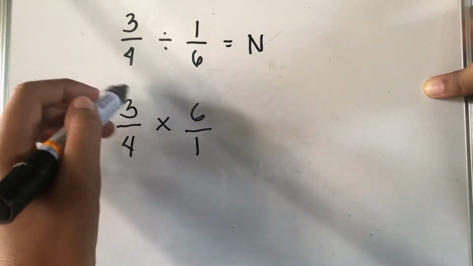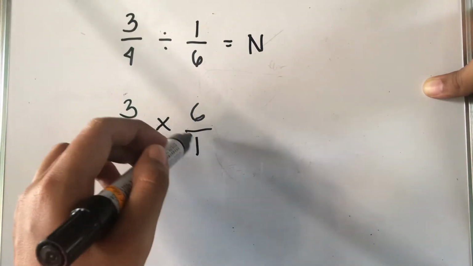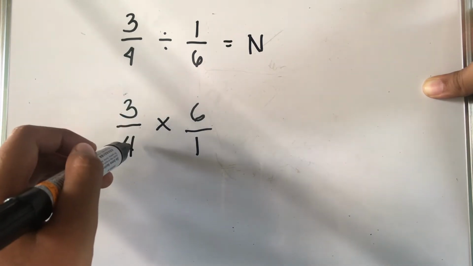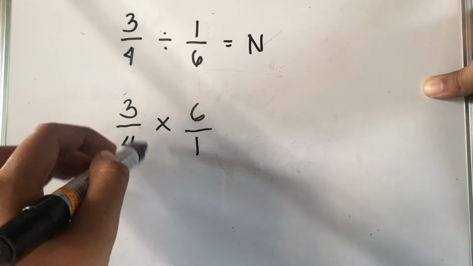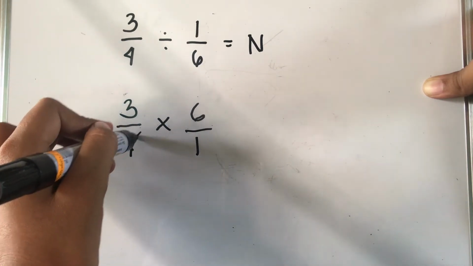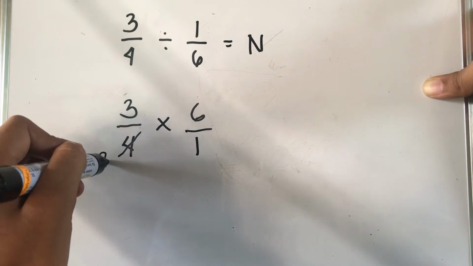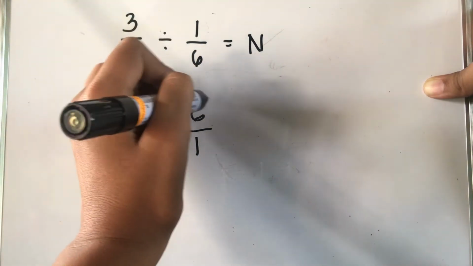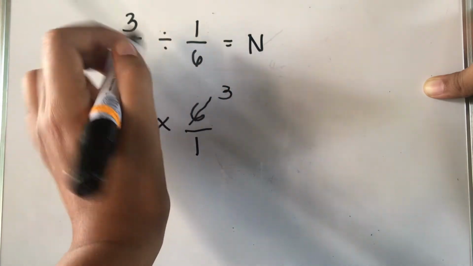Then let's try if the numbers across one another can still be in their lowest form. 3 and 1 cannot be since it is already 1. But 4 and 6 can still be. Both numbers can be divided by 2. 4 divided by 2 is 2, so let's cancel 4 and write 2. And 6 divided by 2 is 3. Cancel 6, write 3.